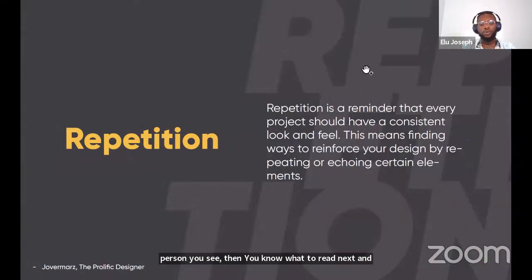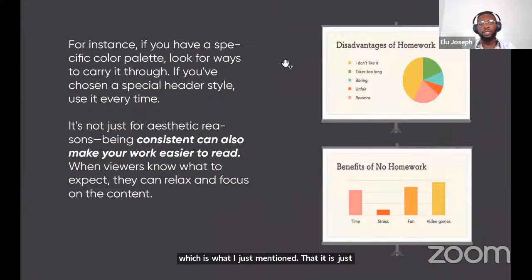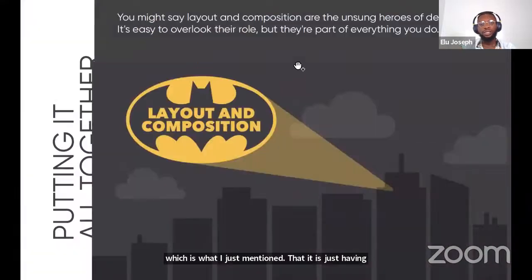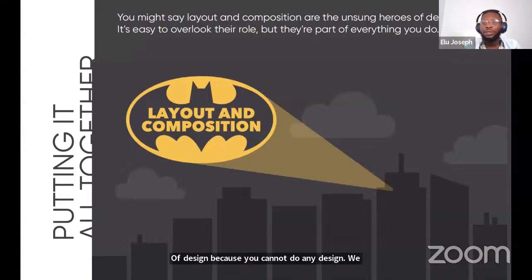Then repetition, which is what I just mentioned, that it is just having similar elements on more than one design. Consistency. Then lastly, I said layout and composition are the unsung heroes of design, because you cannot do any design without layout or without composition.